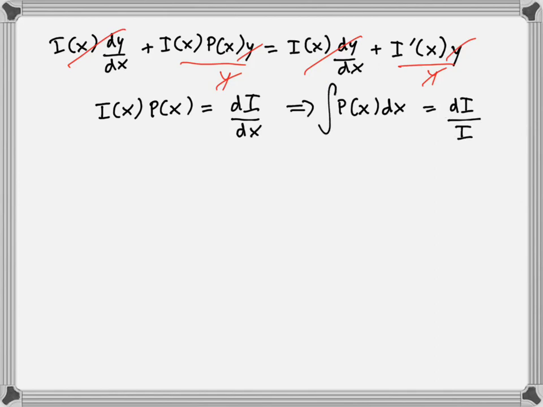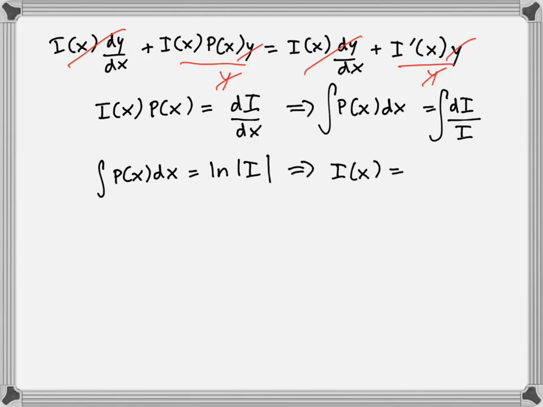So if I were to integrate both sides here, here's what I get. I get the integral of p of x dx is equal to the natural log of I. If I take e to the power of both sides, this means that I of x is actually equal to e to the integral of p of x dx.